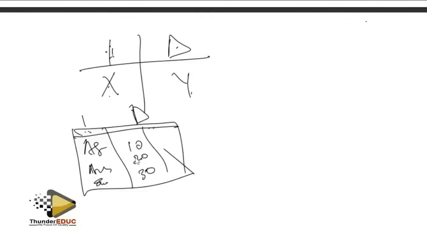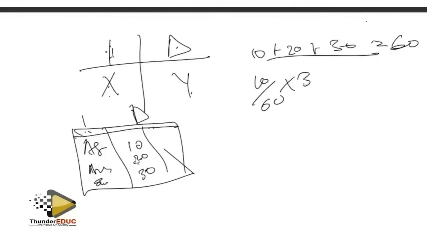To put this on a pie chart, you have to say 10 plus 20 plus 30, so it gives me 60. That's the total. So to do this, I'll have to say 10 out of 60 times 360, because this is the pie chart, which is 360. So that gives what you get here.